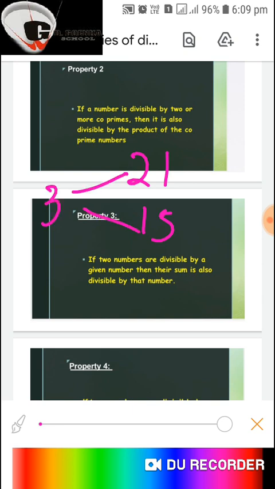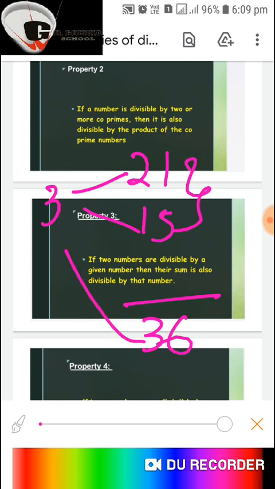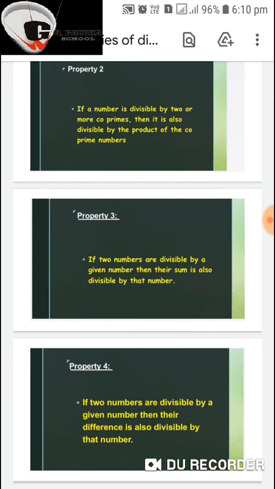So this property says that if we add these two numbers, that is 21 plus 15, which is equal to 36, the sum of these two numbers is also divisible by the given number. That is, it is also divisible by 3. Since 3 is a factor of 21, and 3 is a factor of 15, it means 3 is also a factor of the sum of 21 and 15.